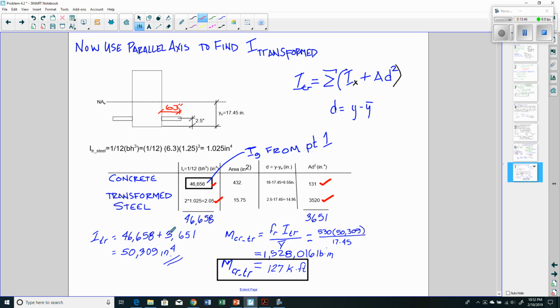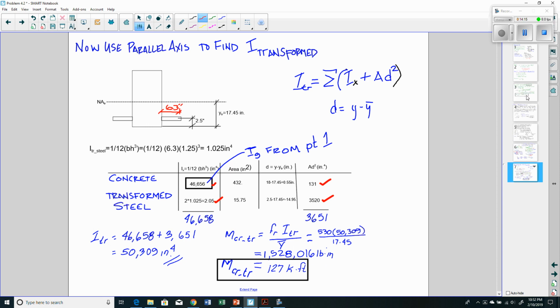So carrying that all out, we end up with a moment of inertia of the transform section equal to 50,309 inches to the 4th, and therefore we can just plug that in here, and make sure that you use your new transform neutral axis, which is 17.45, so that we have a cracking moment of the transform section equal to 127 kip feet.